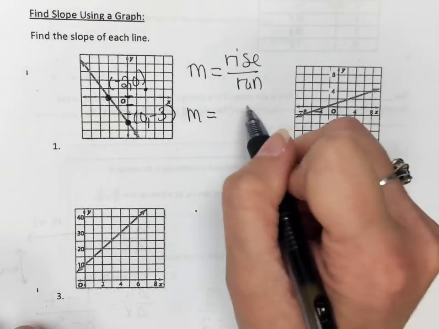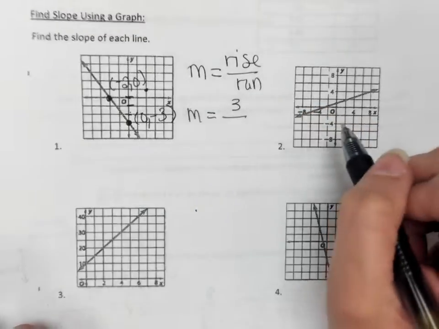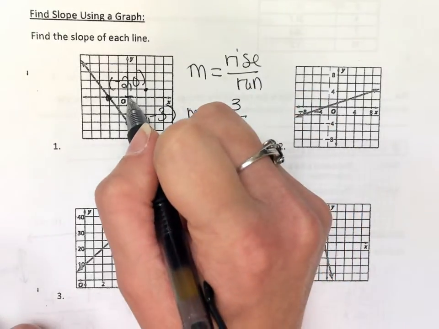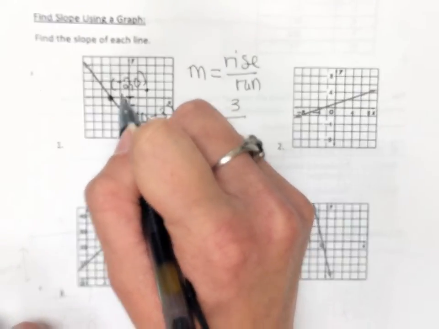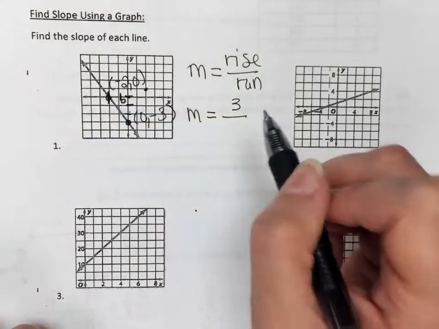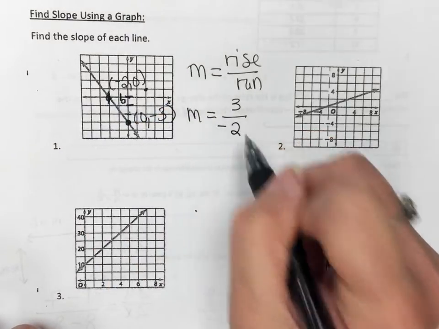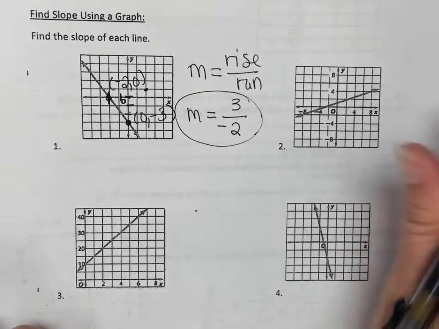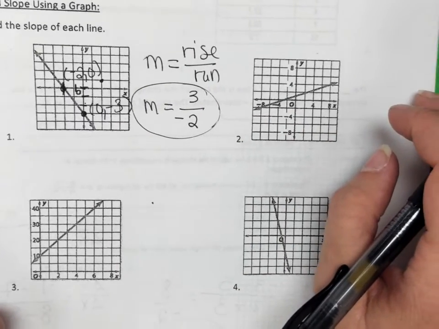And if I rose 3, then that is positive 3. You all okay? Now I need to run. So we're here. I need to run, but I'm running to the left 2. So that would be negative 2, right? Everybody okay? Yes, no, maybe? That's all you have to do.